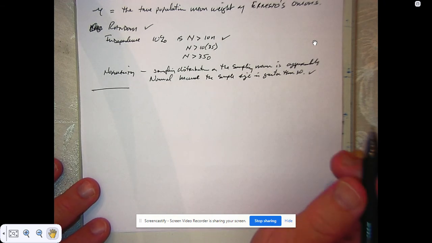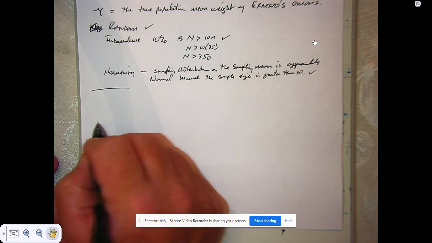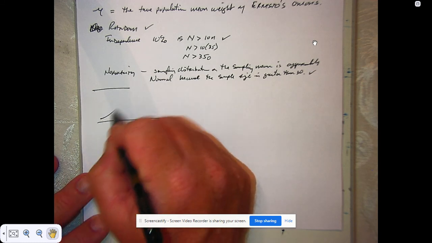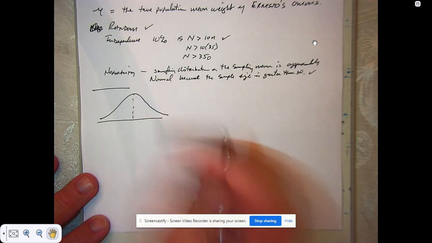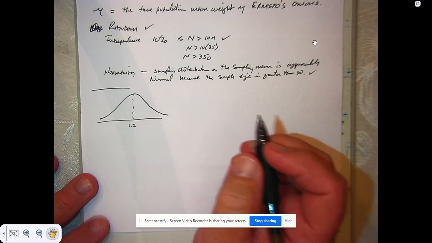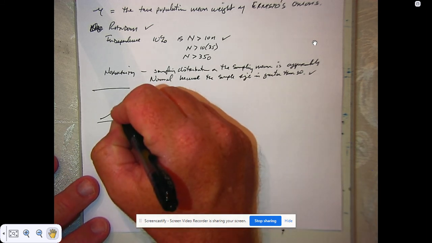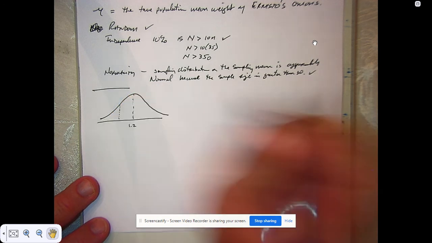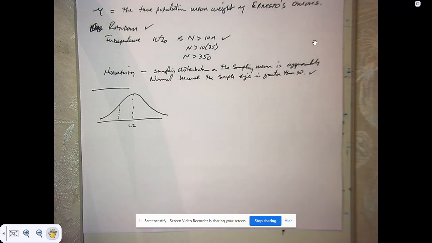Okay. Now, to find the test statistic, I always draw the situation. You know that. Our mean, of course, is 1.2. Our standard deviation is 0.6. Oh, sorry, no, it's not. The standard deviation for the sample was 0.6.